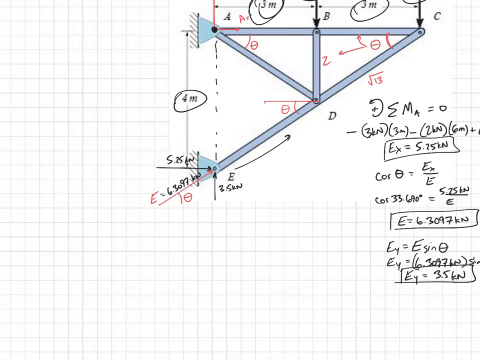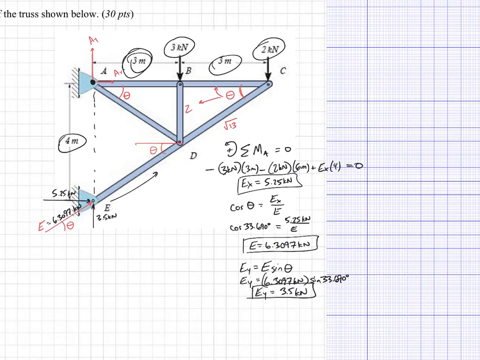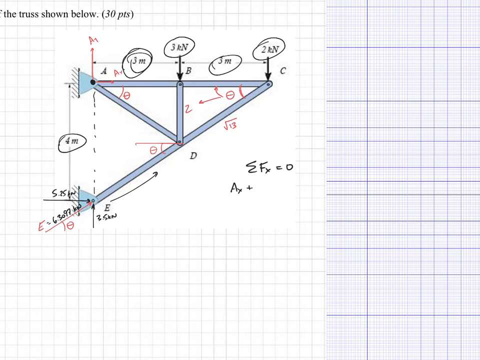Now I'm actually going to erase all this moment stuff because I don't want to look at it right now, because I'm trying to stay close to the diagram here. So we need to get AX and AY, so we'll do the sum of the forces in the X equals 0. And so I've got AX plus EX equals 0.